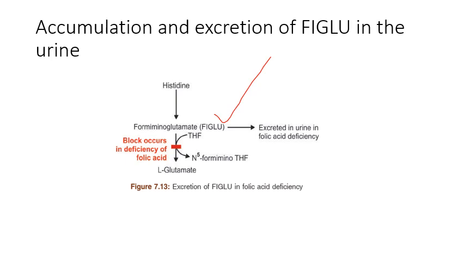So in folate deficiency, what will happen? This step, the conversion of FIGLU to L-glutamic acid, does not occur, and there will be accumulation of formiminoglutamic acid, that is FIGLU, which will be excreted in urine in severe folic acid deficiency. That is known as FIGLU excretion in folate deficiency.